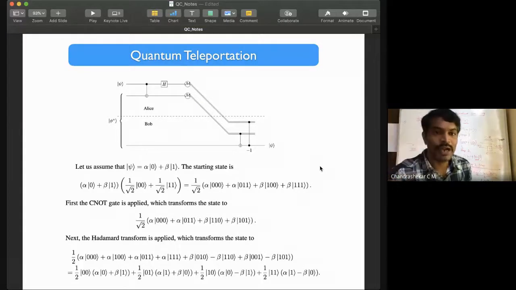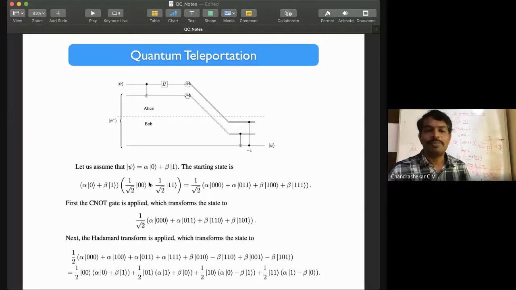So here we have this state psi. Similarly, in the same way as we had in super dense coding, Alice and Bob in the beginning itself shared an entangled state. This is a representation of an entangled state shared between Alice and Bob. That's what I mentioned when we were talking about super dense coding also.